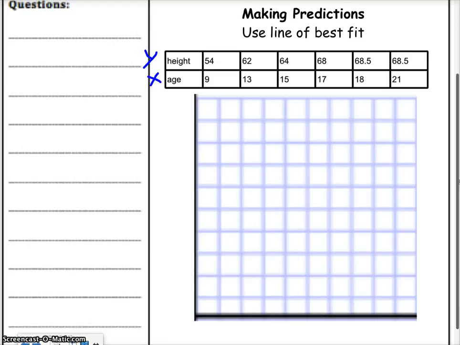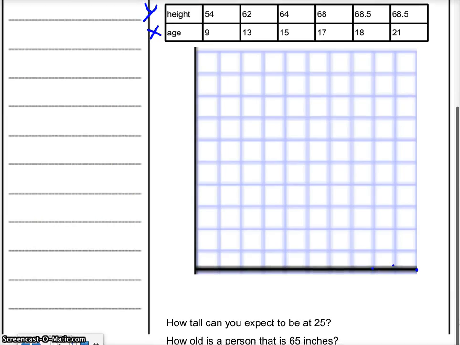What should I go up to? My smallest is 9 for x, and my biggest is 21. Go up by five? 10s? Five, 10, 15. That's little. 2, 4, 6, 8, 10, 12, 14, 16, 18, 20. Yeah, let's do that. I mean, we're going to be off the graph a little bit, but that's okay.